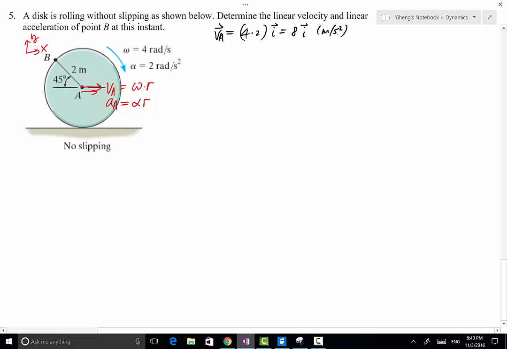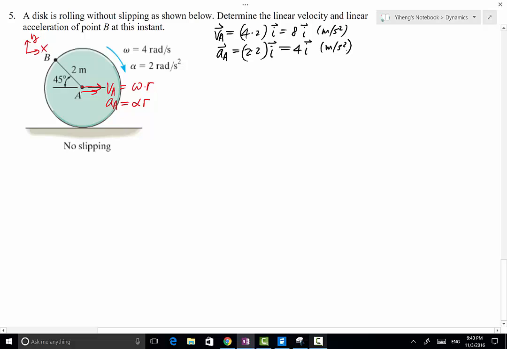And AA, the linear acceleration of A, will simply equal alpha times r, which is 2 times 2, also along the same positive x direction with the i unit vector, so that is 4i in the unit of meter per second squared.